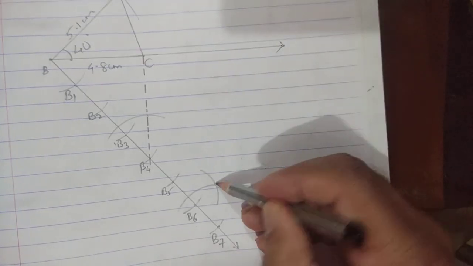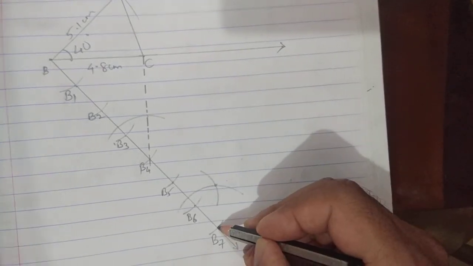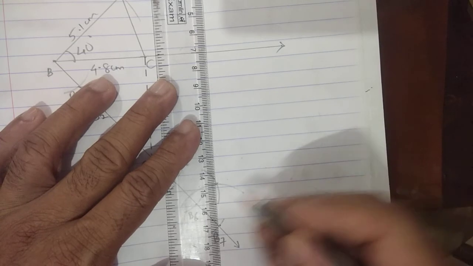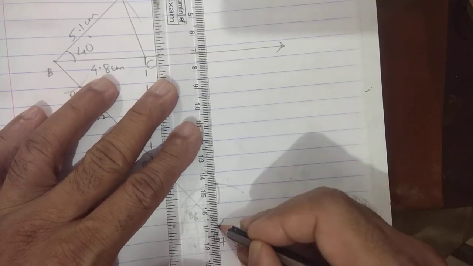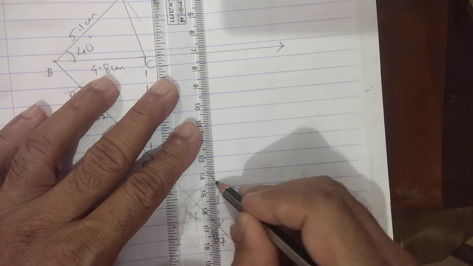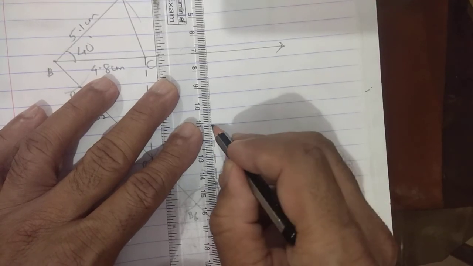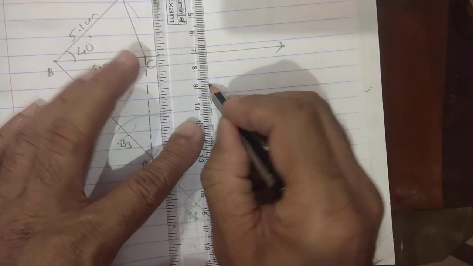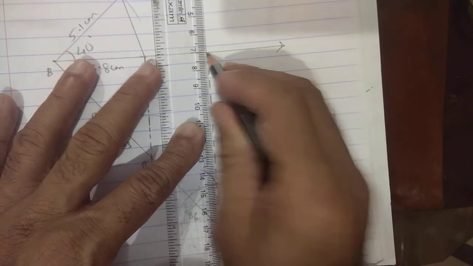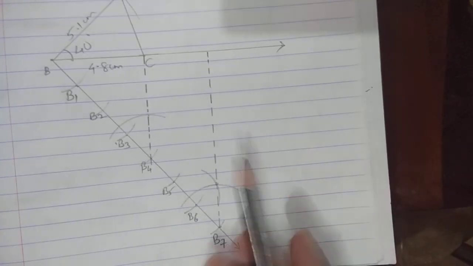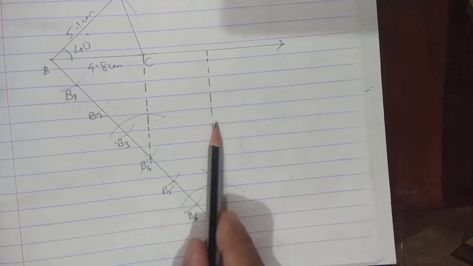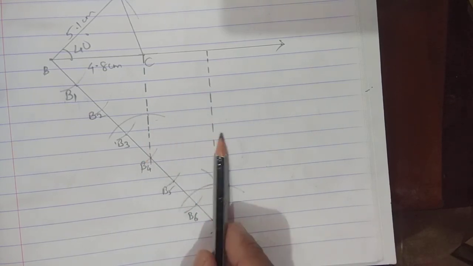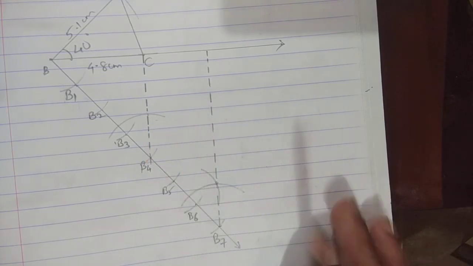So now this point and B7 you will join, and draw a dotted line passing through it. Extend it up so that it touches the base. And when you draw this dotted line, as I told you earlier, these both dotted lines should look parallel to each other. Then only the construction will be correct.